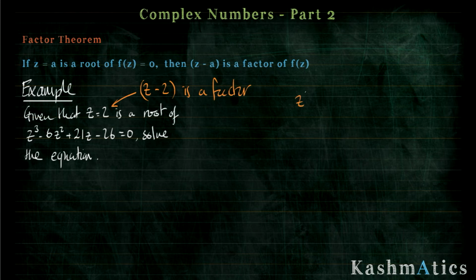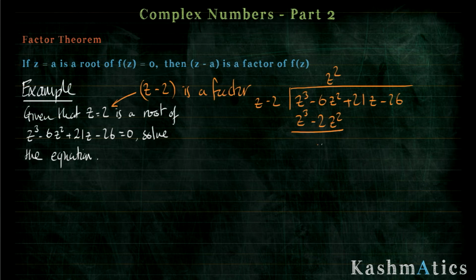So you've got z cubed take away 6z squared plus 21z take away 26, we don't need the equals 0 bit. And let's just divide by z minus 2. So let's see how many z's go into z cubed, that is z squared, multiply it by z minus 2, so that'll give me z cubed minus 2z squared.